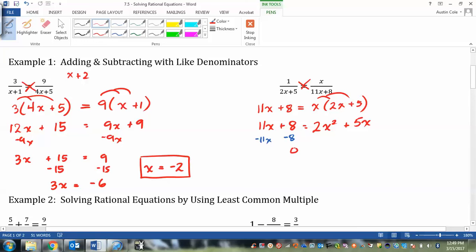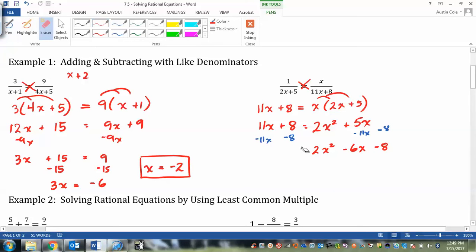So that'll give me a 0 over there, and I'll get 2x squared. Let me write it over here, minus 11x minus 8. So here I'm going to get minus 6x minus 8.